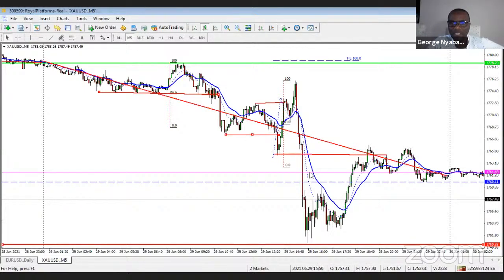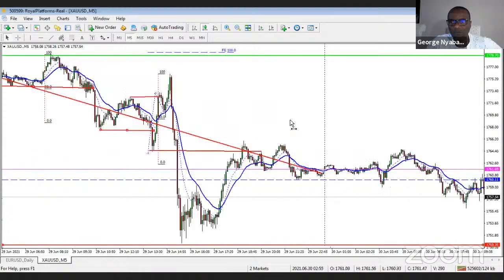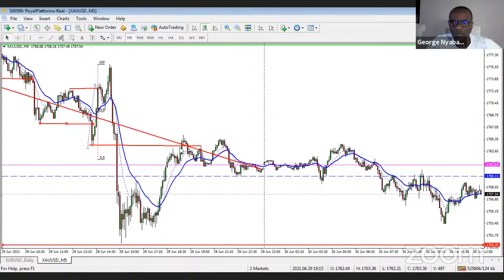So it broke beneath that, it's come back to test that, and we ultimately end up there. Then we kind of get into where we are today so far. Again, the structure of the days does not take you by surprise.